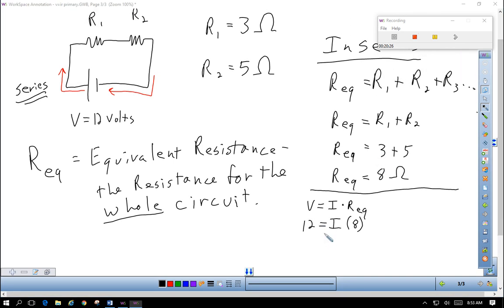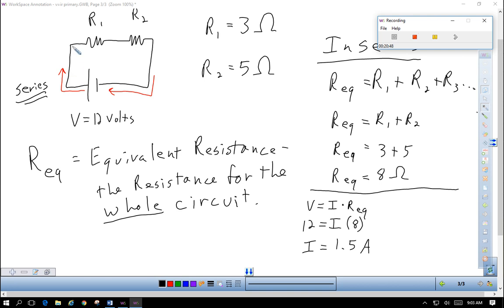Okay. And so V equals I times Req, 12 equals I times 8. What do we get if we take 12 and divide by 8? Sure enough, we get 1.5. What units? We get 1.5 amps. All right, it is 1.5 amps, and that tells us how much current is leaving and returning to the battery.